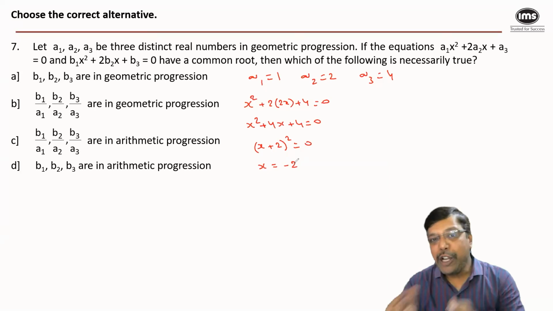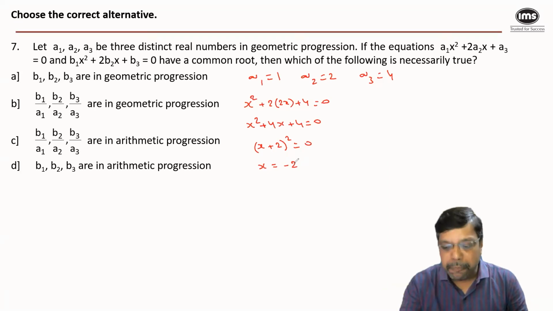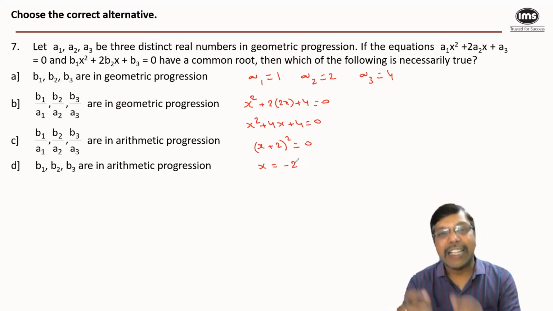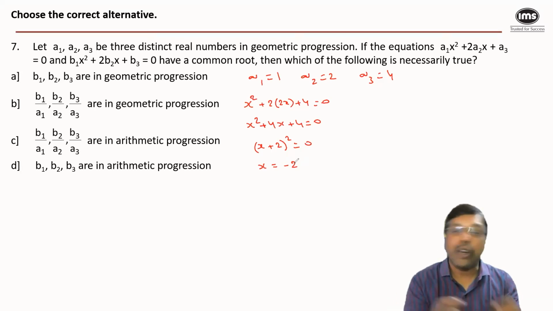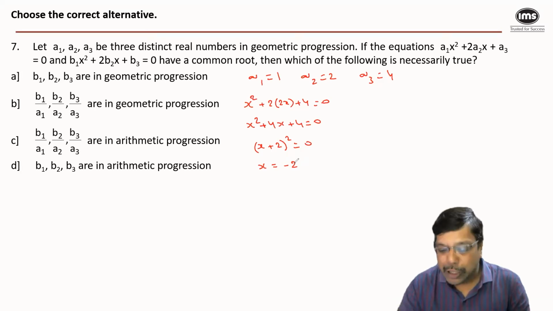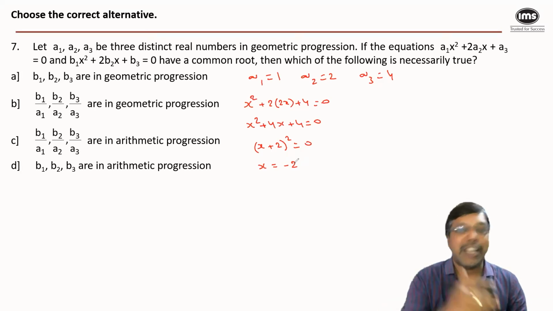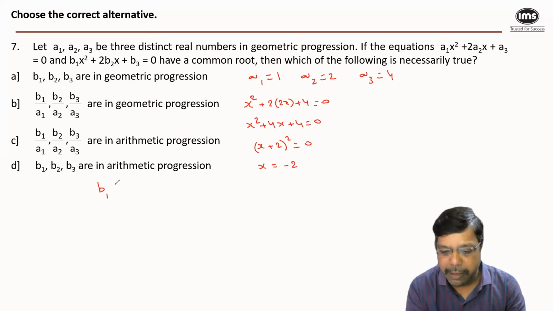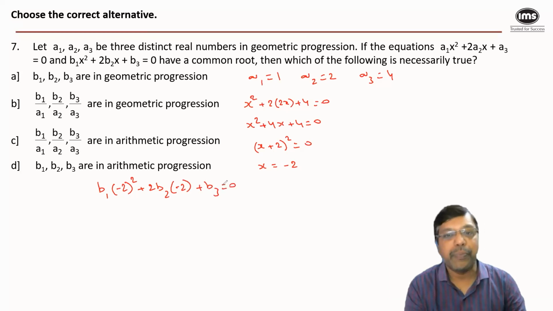Now, if the given 2 equations have a common root, and since the first equation has only one root, it means this one has to be the common root for both equations. So substituting x is equal to minus 2 in the second equation, we get b1 into minus 2 whole square plus 2 into b2 into minus 2 plus b3 is equal to 0.